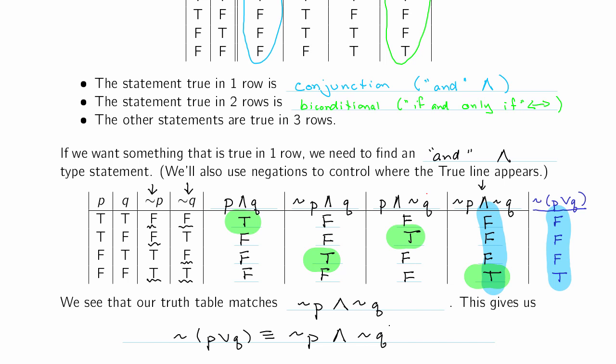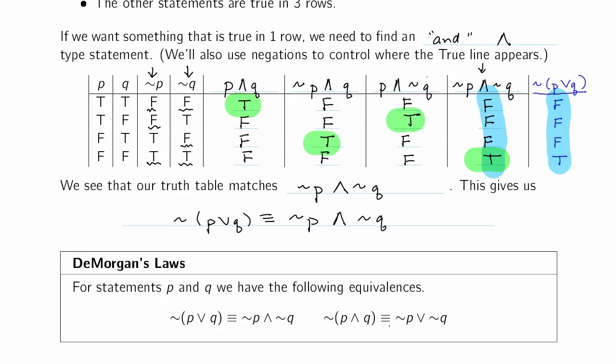And that is one of two equivalences that have a name. The name of these two equivalences is DeMorgan's laws, for a mathematician named DeMorgan. This is the one we just found. If I negate an or statement, I get the and statement of the negations.